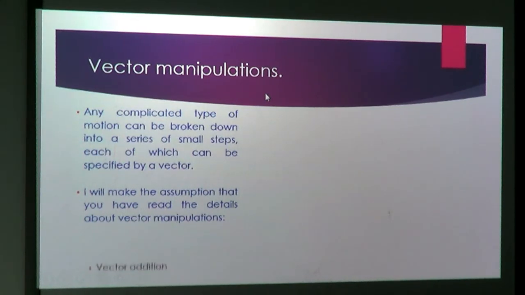You can research the two bullets at the end: vector addition, which you can refresh from the second six weeks, and vector subtraction. I will assume you have read the details about vector manipulation on the common assessment review.